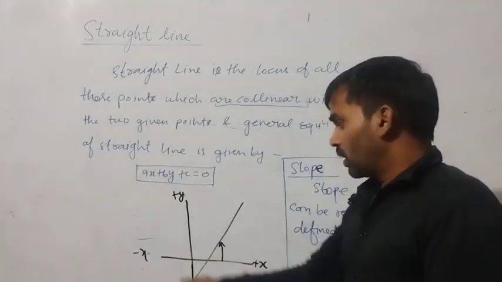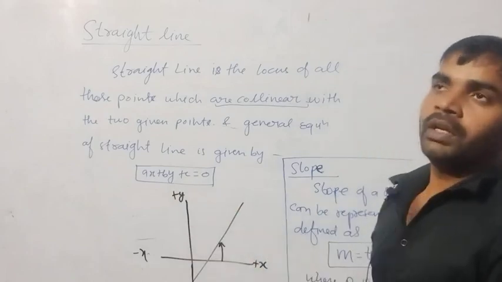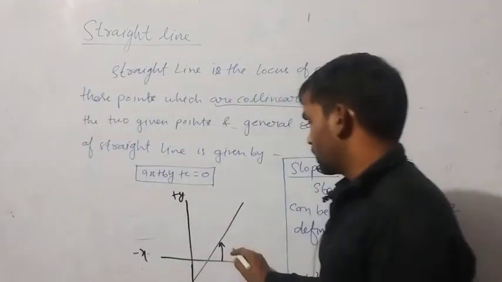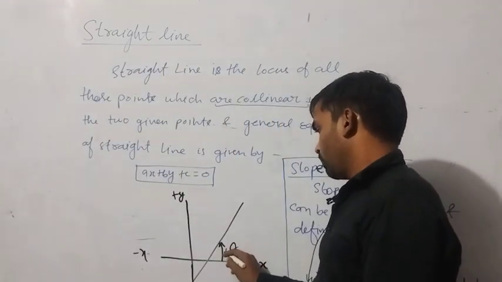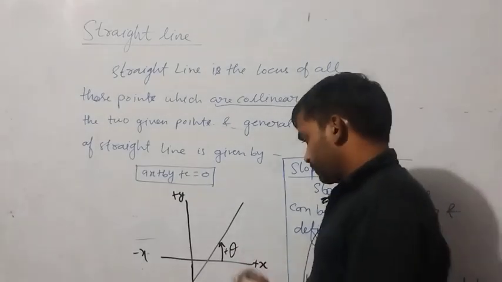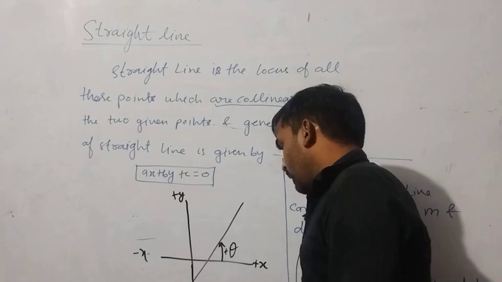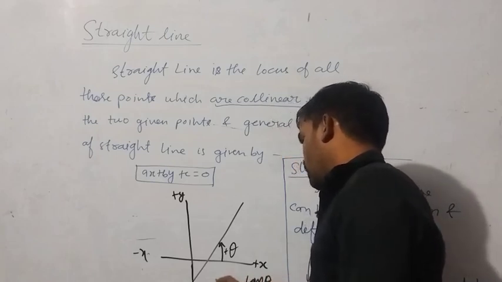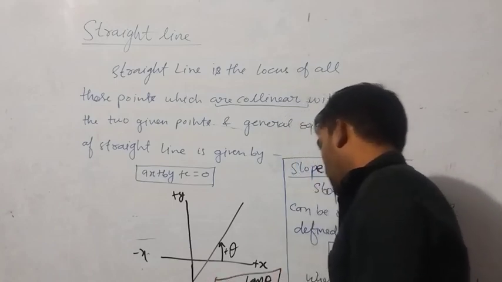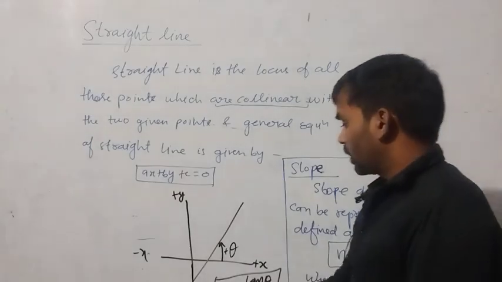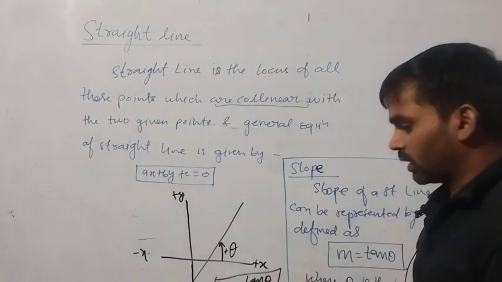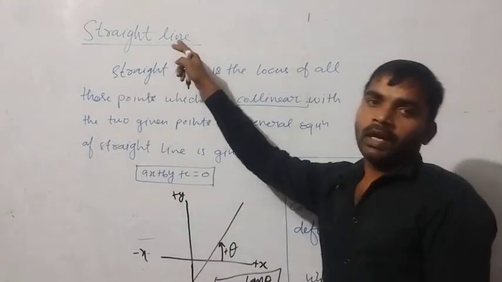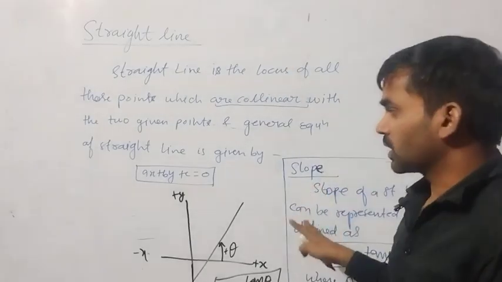If we move in the clockwise direction, then the angle will be negative. So here theta is positive, and the tangent of this angle, tan theta, is the slope of the straight line.